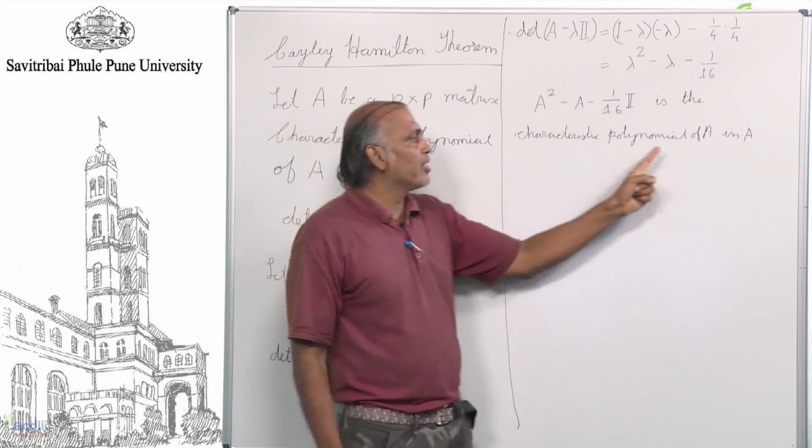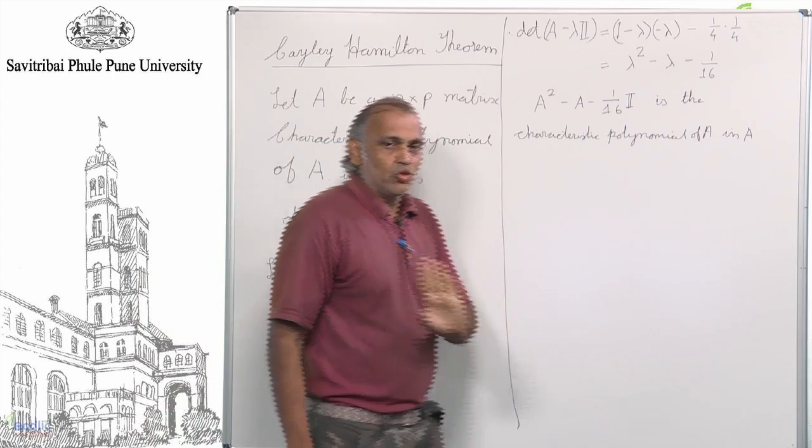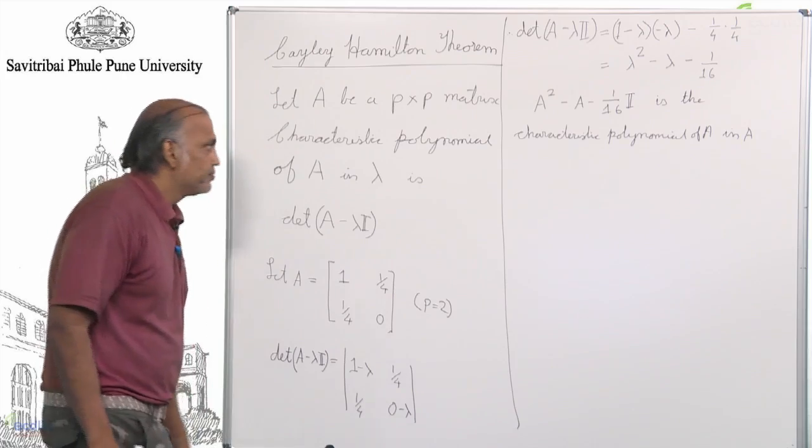So the characteristic polynomial of A in A turns out to be a P by P matrix.